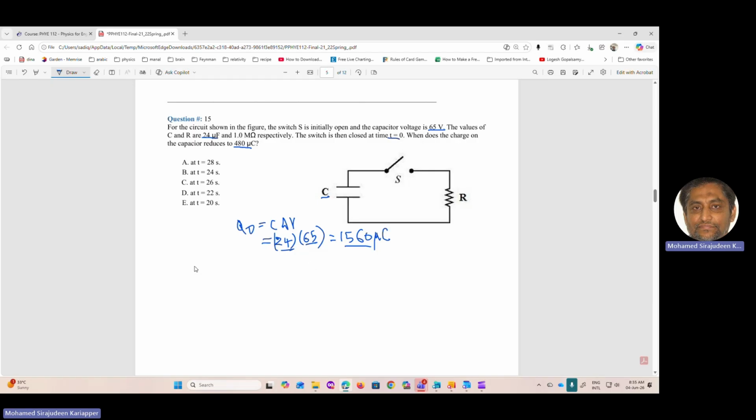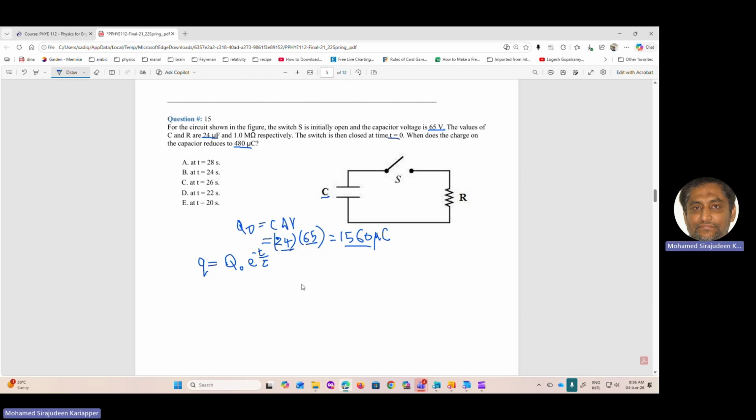If you go to your formula sheet, you will find the equation for discharging of a capacitor is given by this equation: Q at any time t equals its initial charge times e to the power minus t over the time constant tau. You should be very careful here.